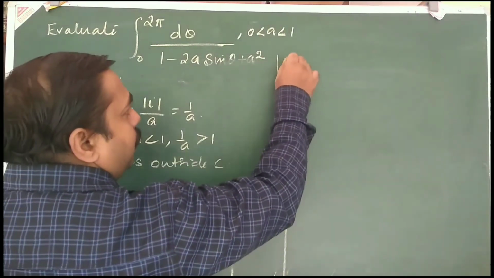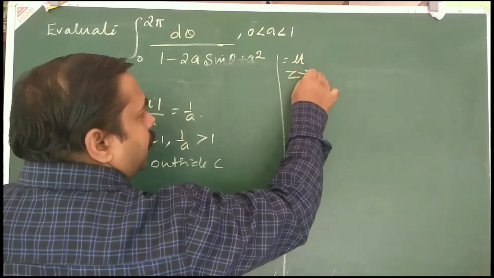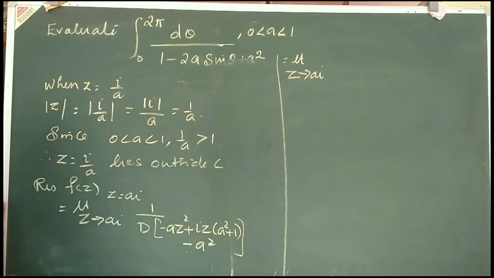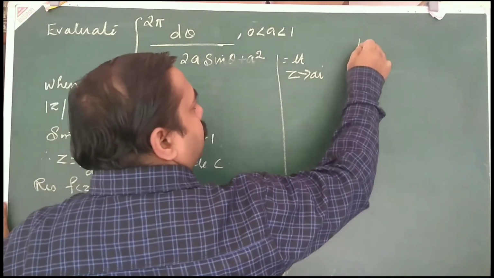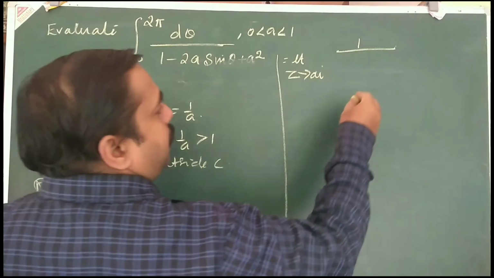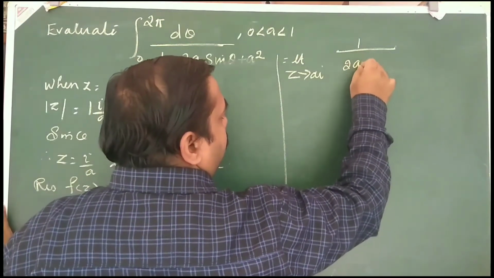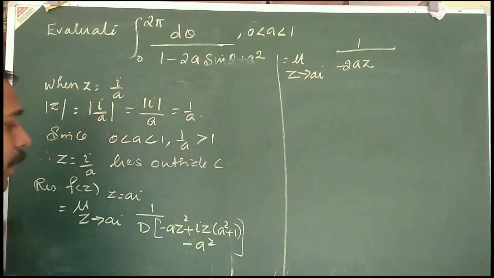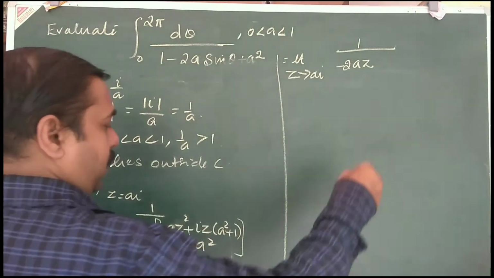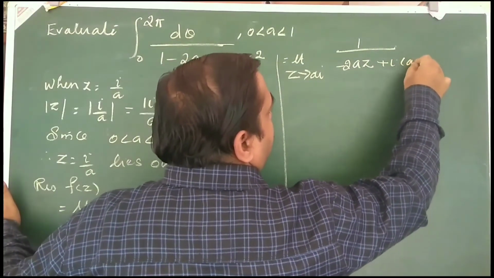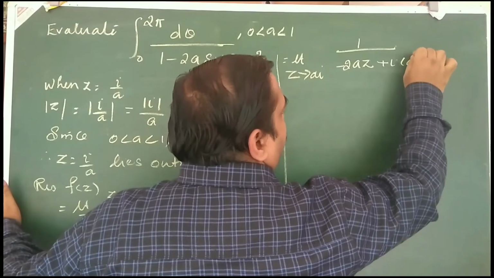That is equal to limit z tends to ai of 1 by, z² differentiation is 2z, that is −2az + i(a² + 1).